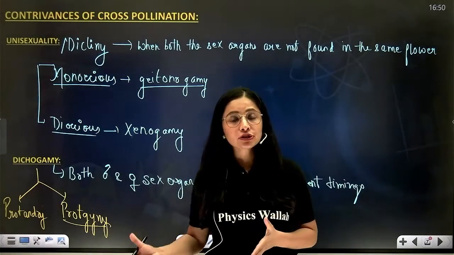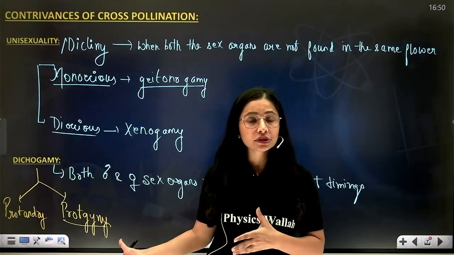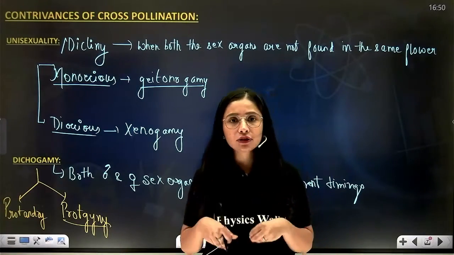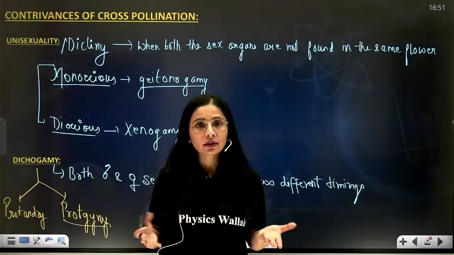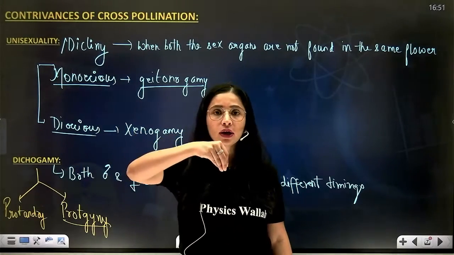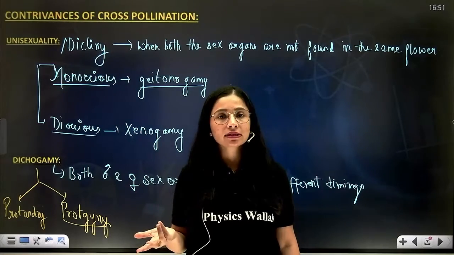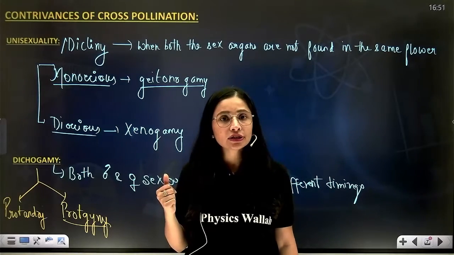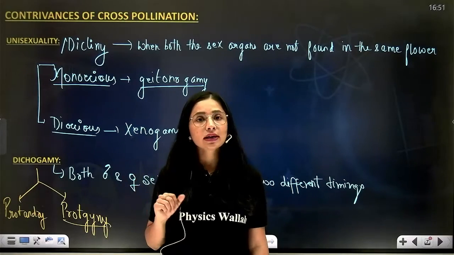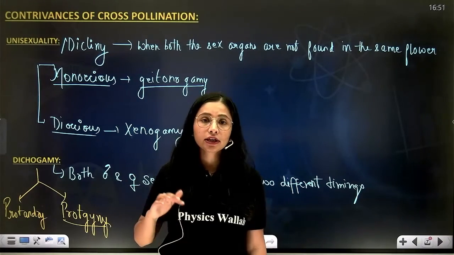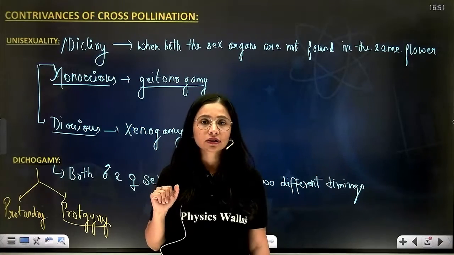Or opposite to it is the protogyny condition where the stigma is ready to receive the pollen grain, but its own pollen grains are not yet ready. So other plant body pollen grains will come, the stigma will receive them and perform the fertilization. So even after having bisexuality, it will not show self-pollination. Rather, it will promote cross-pollination.